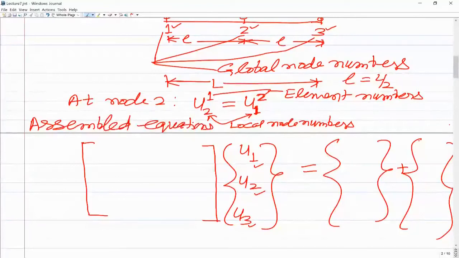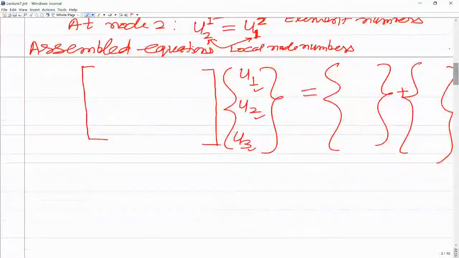Now, how do we do this? We have to bring in the contribution of the first element, and we also have to bring in the contribution of the second element. For that we talk of what is known as connectivity. I will come back to this again to complete this system.